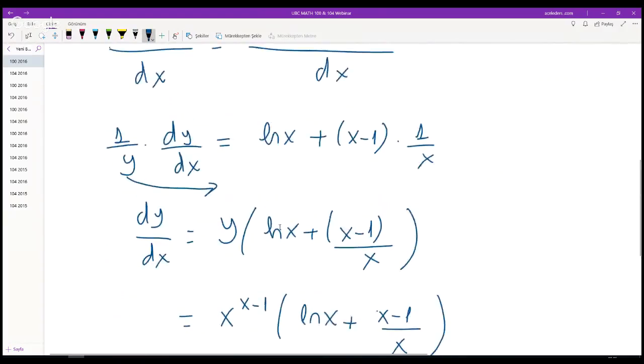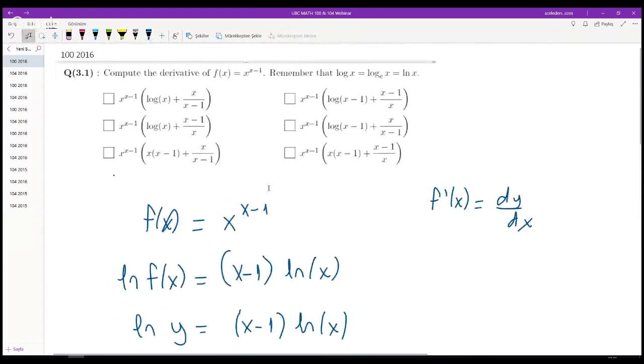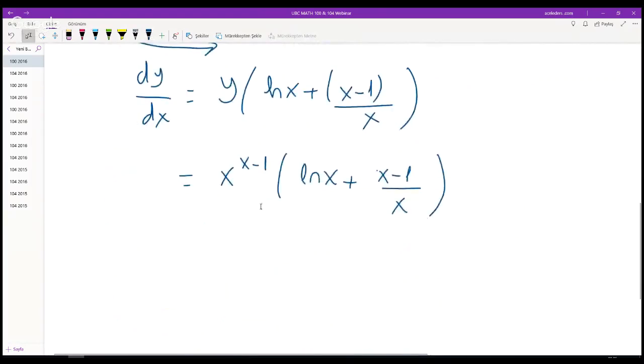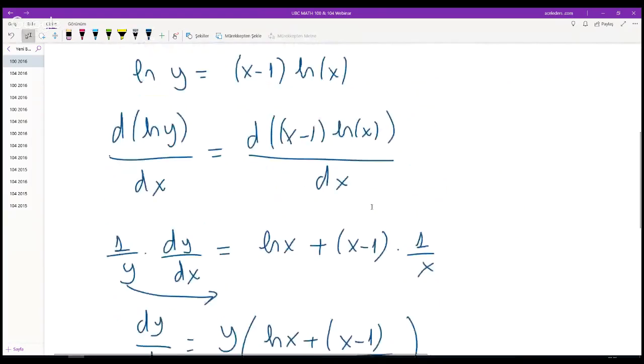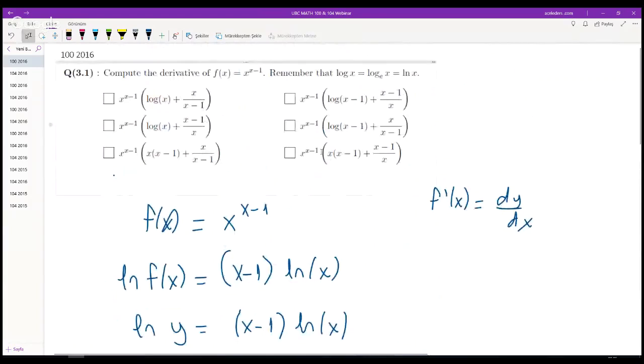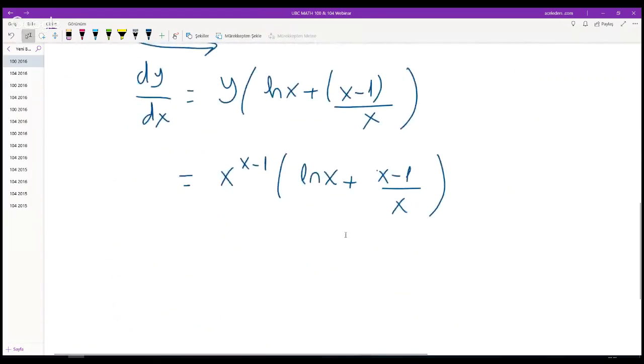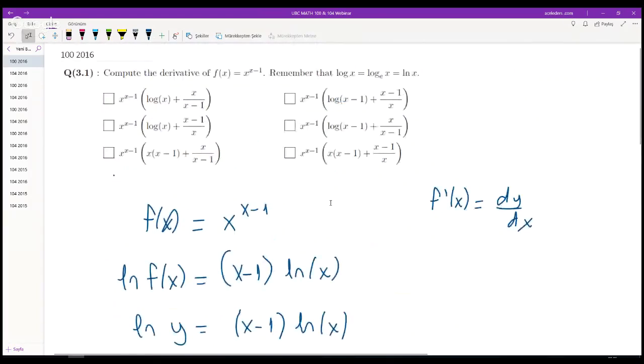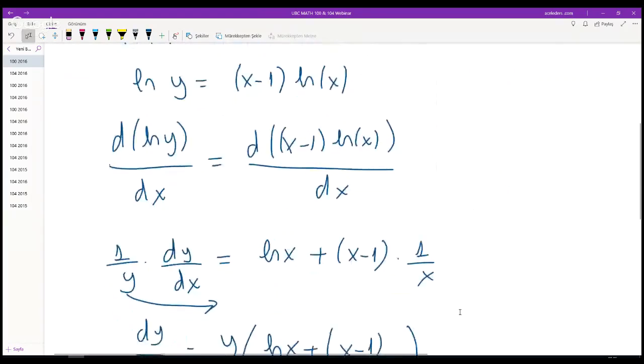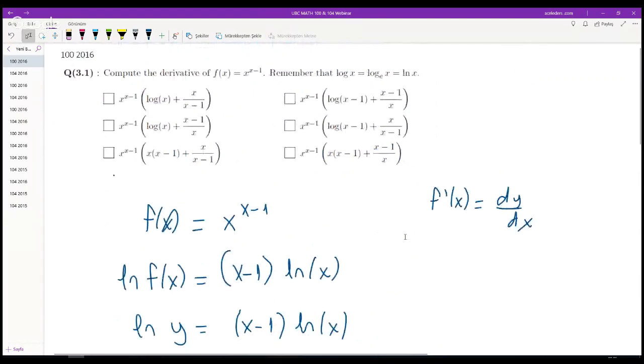That is the derivative. And I check the choices: I have x to the power x minus 1 here, ln x here, and (x minus 1) over x here. That is the answer.